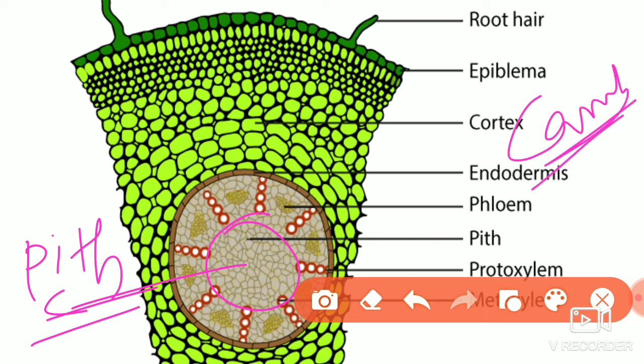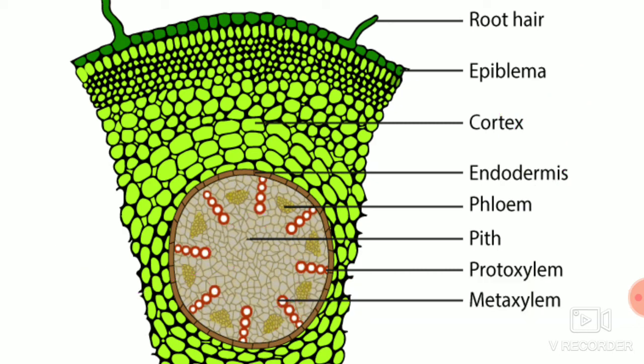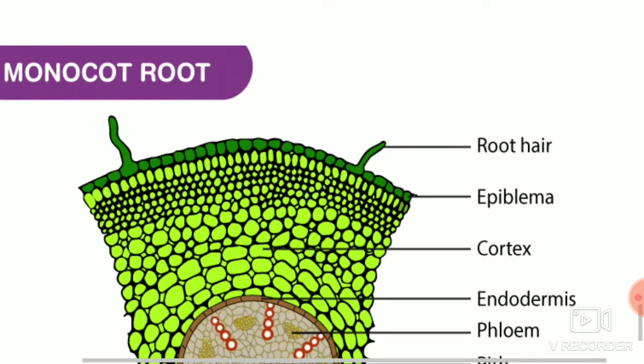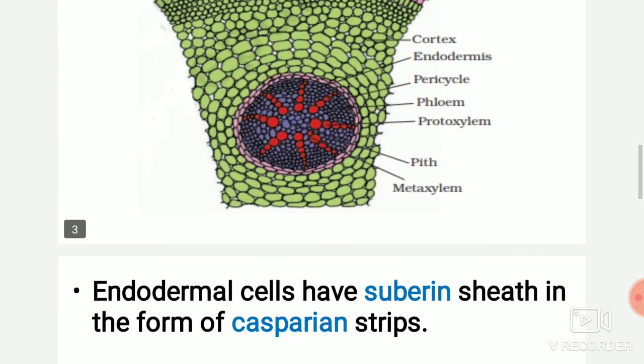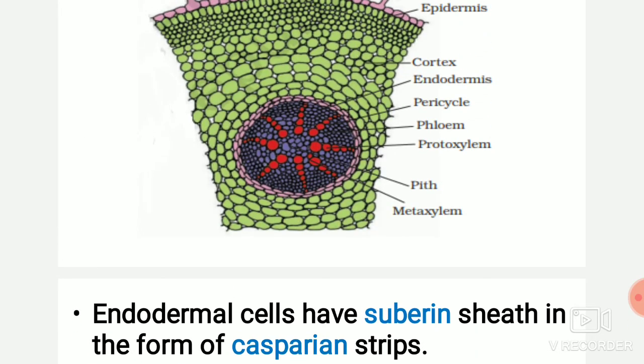We cannot find the cambium, and because the cambium is absent, no secondary growth takes place in the monocot root. Secondary growth we can see only in the dicot root. That's why the cambium is present in the dicot root.